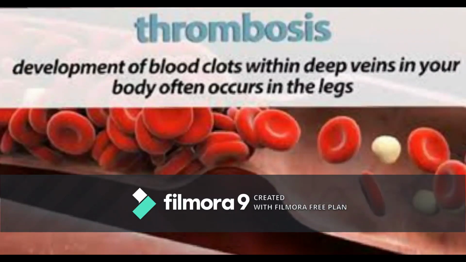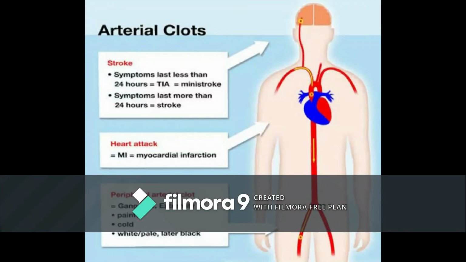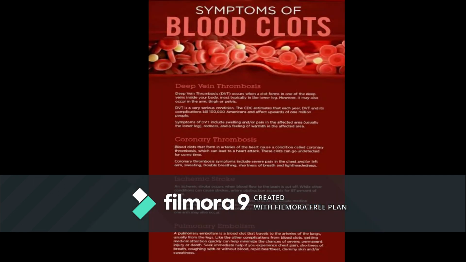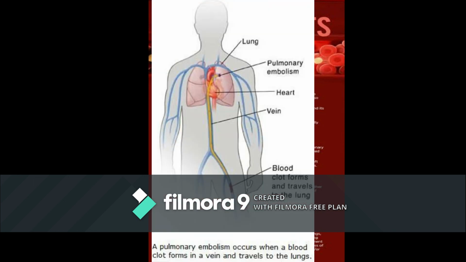A thrombus within an artery may block the artery, preventing blood and oxygen from reaching the organ or tissue supplied by the artery. A thrombus that forms within one of the coronary arteries supplying heart muscle is known as coronary thrombosis. This is the cause of heart attack.